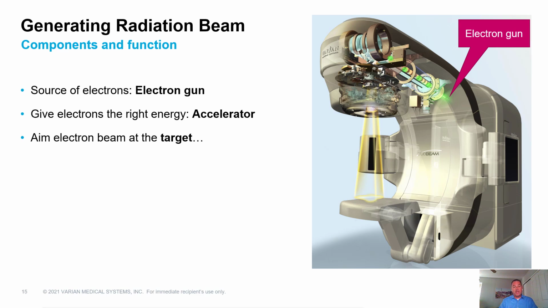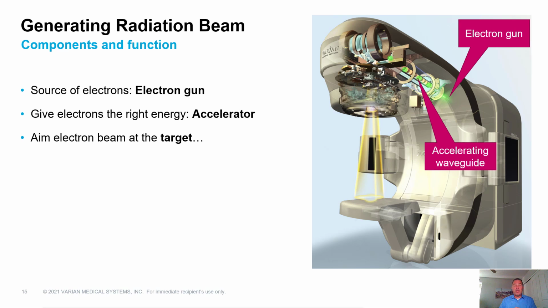We at Varian utilize the triode gun because of its instantaneous capabilities of turning the beam on and off, especially for those advanced capabilities like IMRT and gating capabilities, which you will learn more about later on.